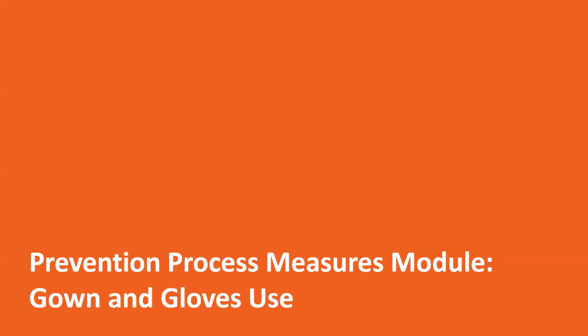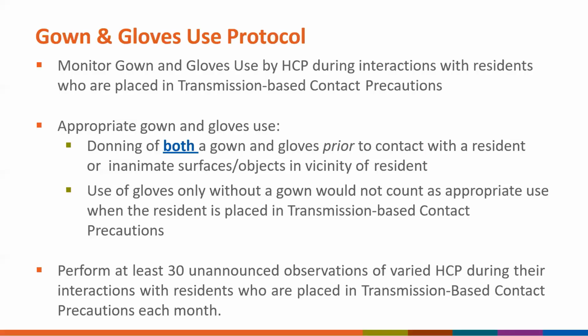Next, we will discuss the reporting of gown and glove use. Multi-drug resistant organisms, known as MDROs, are increasingly common causes of colonization and infection in long-term care, which can be spread from resident to resident by healthcare personnel.